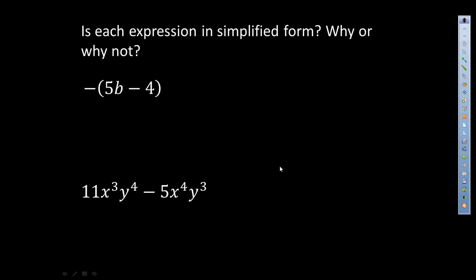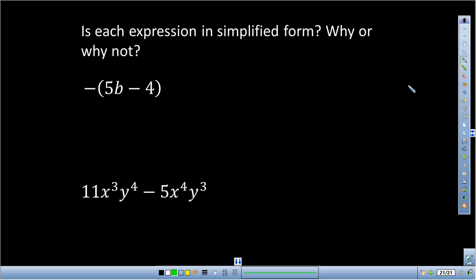This part asks, is each expression in simplified form, why or why not? Our first expression, we have a negative in front of our parentheses. Just as a reminder, our expression is not in simplest form if we have parentheses. And so what we're going to do is rewrite this without parentheses.